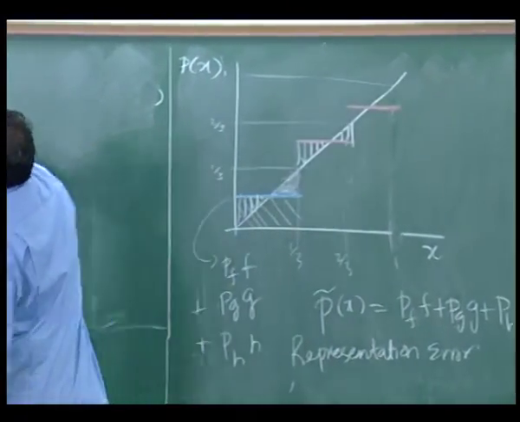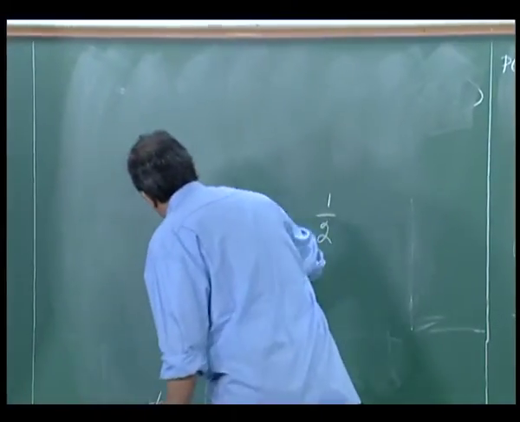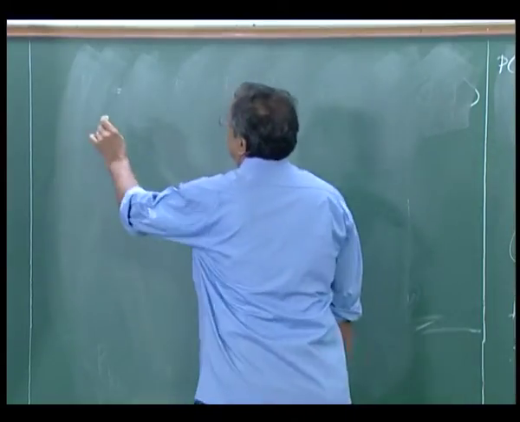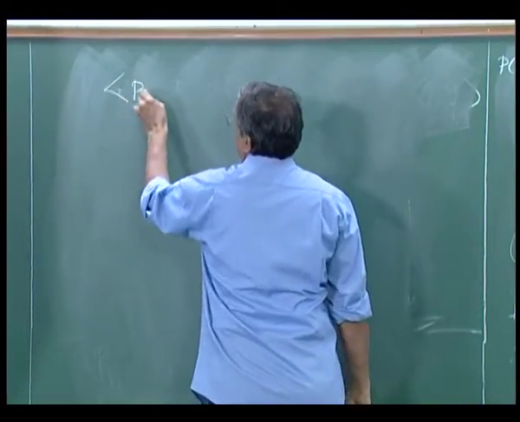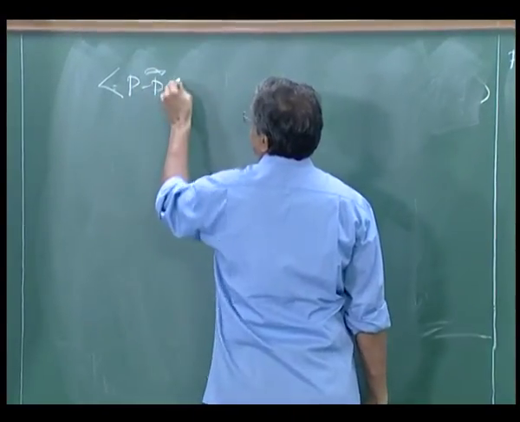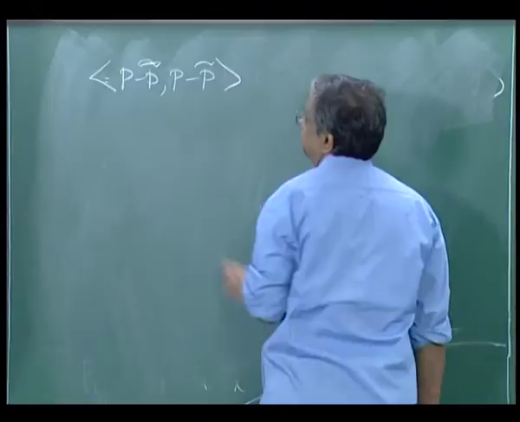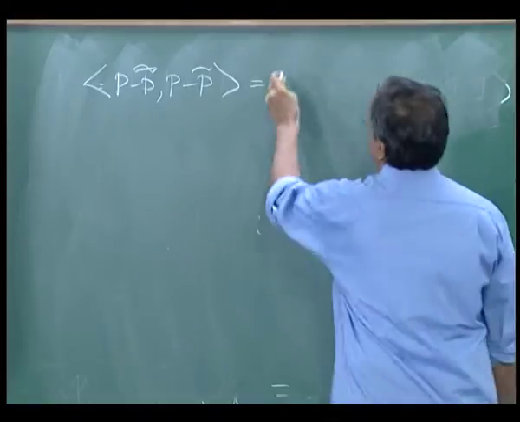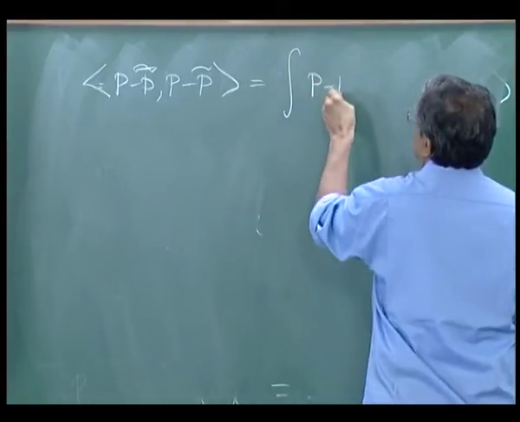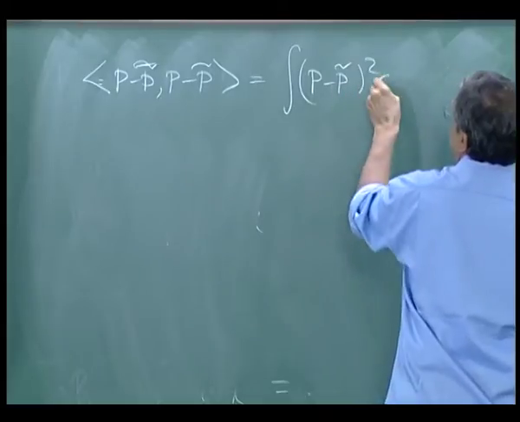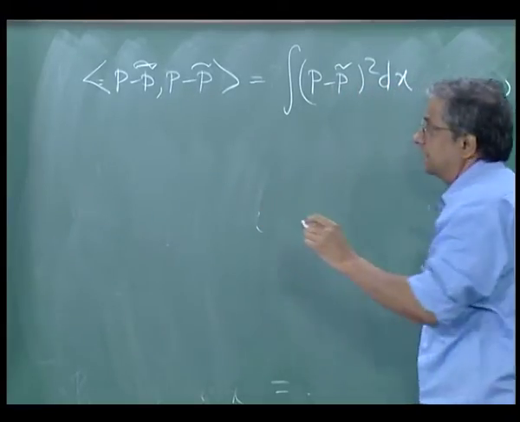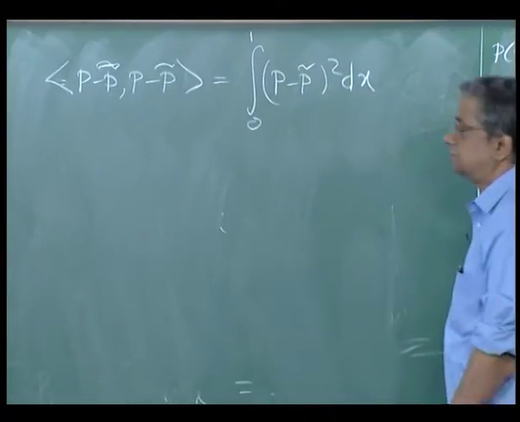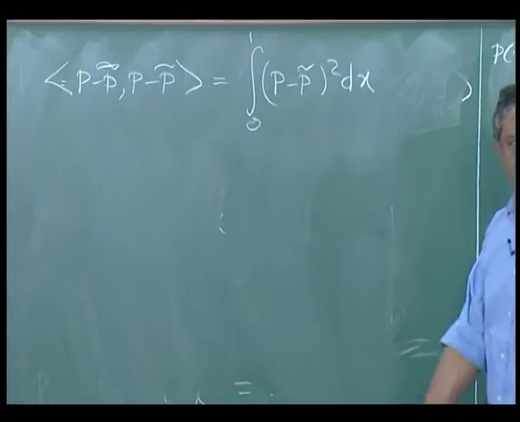Find out what is the representation error. Representation error is the dot product of p minus p tilde with itself, which equals the integral dx between 0 and 1, and I will find only the first component.